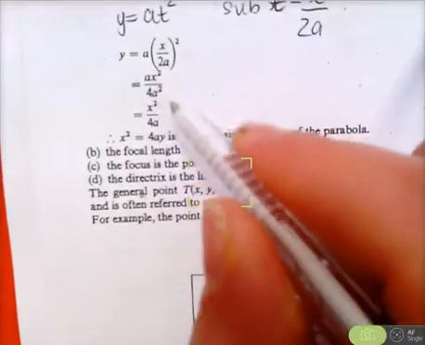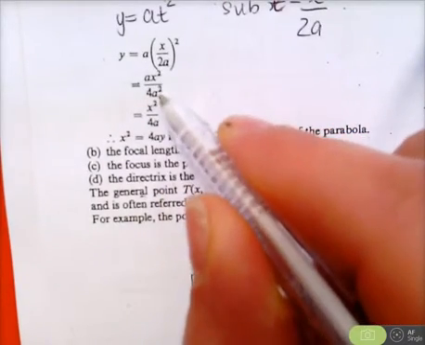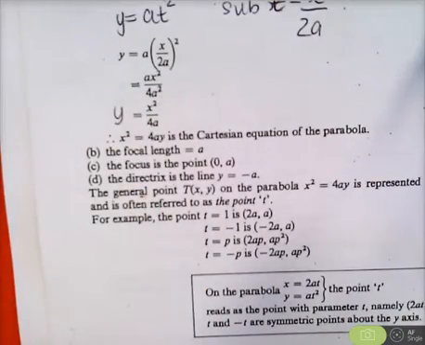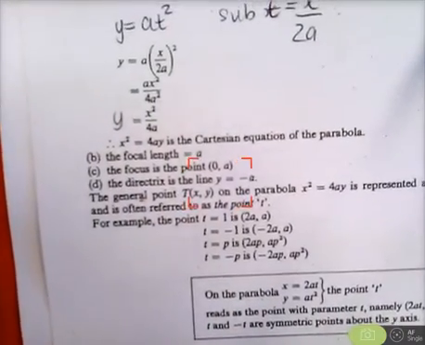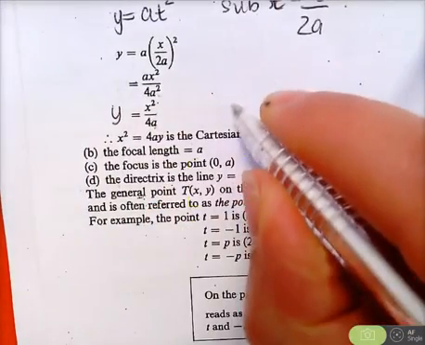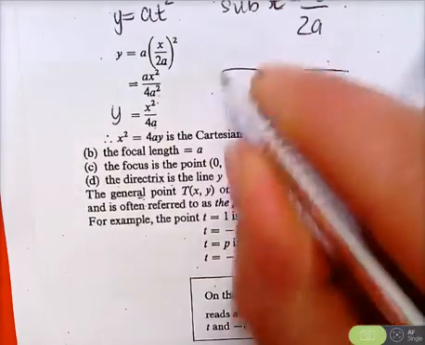Now you cancel what's the same from the numerator and the denominator. 1a from the top cancels with 1 from the bottom, and you've got y is x squared on 4a. Cross multiplying, the opposite of divide by 4a is to times by 4a, and you'll get 4ay is x squared.